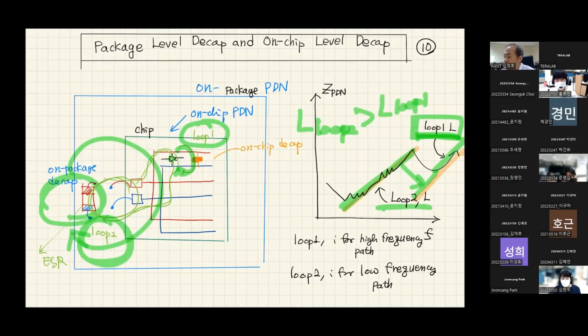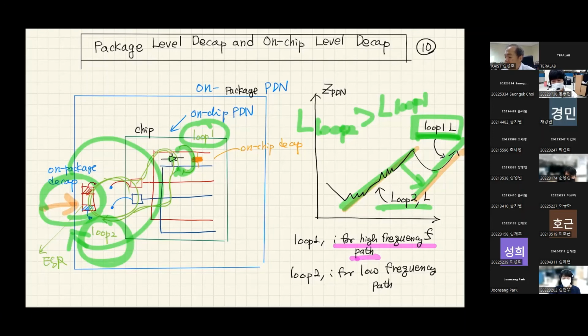But even though you have a large amount of off-chip decoupling capacitance, it is not effective at higher frequency range because higher frequency is controlled by the on-chip PDN. So another message here is that depending on frequencies, you're going to have different current loops and different inductance.